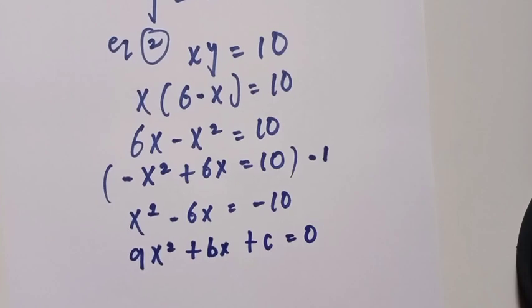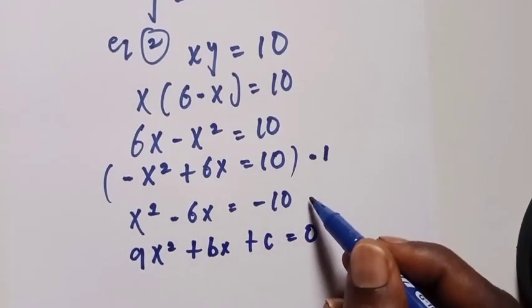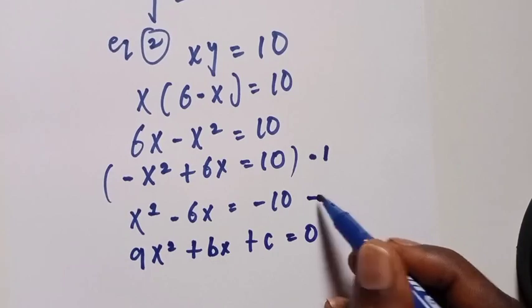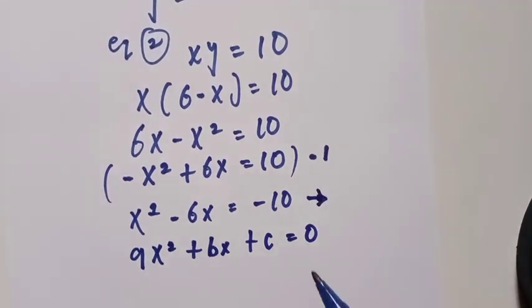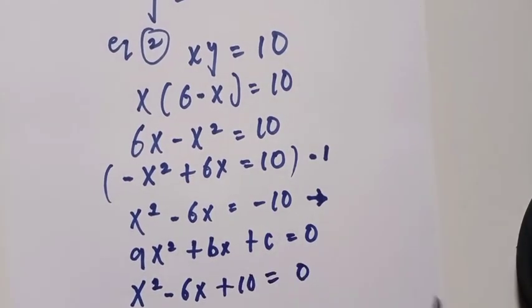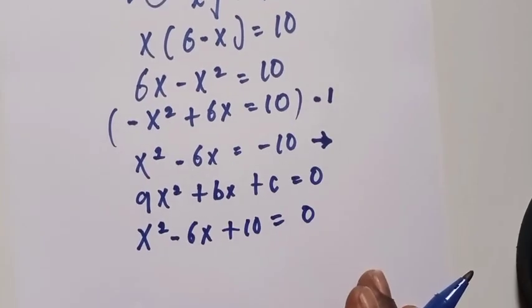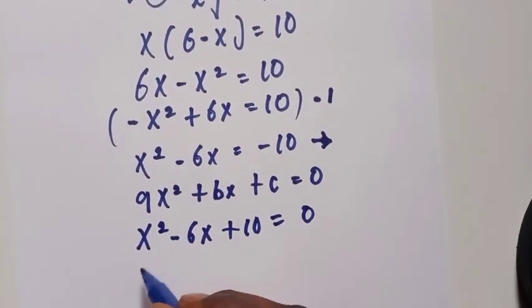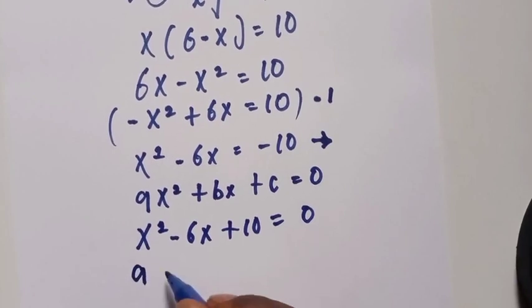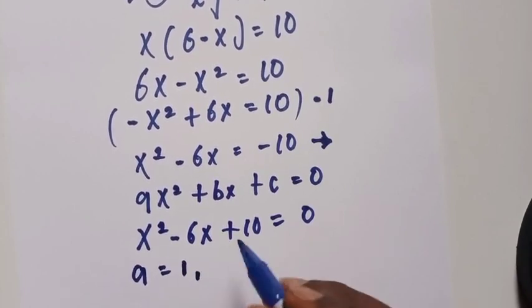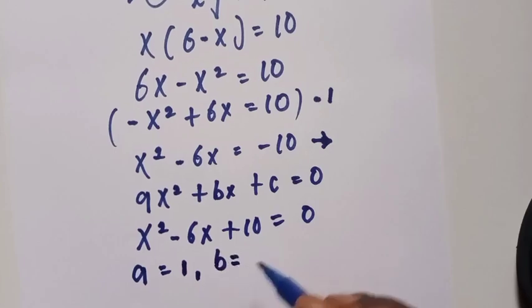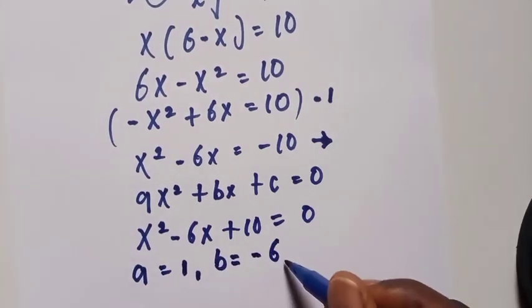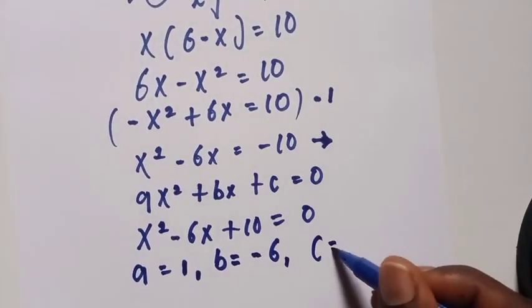Alright, before we compare, we have to put our equation in this form. To do that, we have x squared minus 6x plus 10 equals 0. So now we can compare them. a here will be equal to 1, b will be equal to minus 6, then c will be equal to 10.